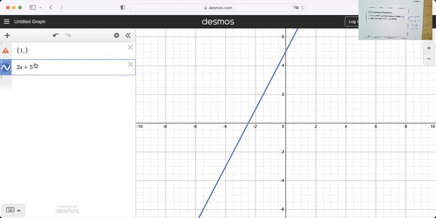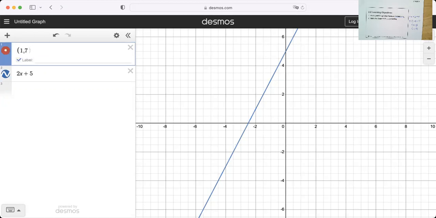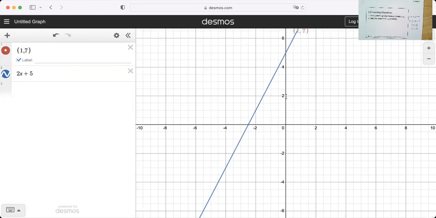Okay, so these linear equations or these variables are also graphable. They are also lines on a graph, okay? So up here we have 1 comma 7, right? I said that when I made x 1, the answer to 2x plus 5 was equal to 7. And then we turned that into the point 1 comma 7, just like x comma y is a point on the graph, and we'll talk about that later.